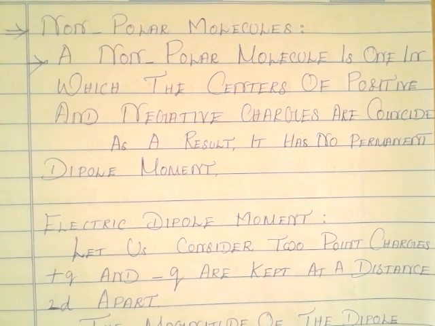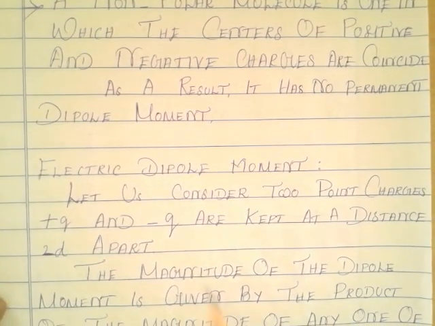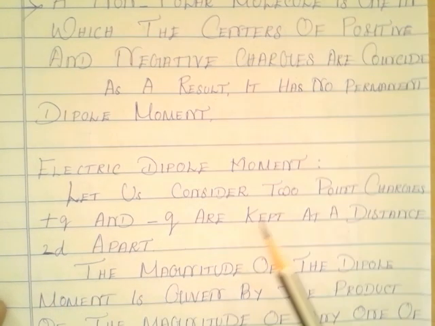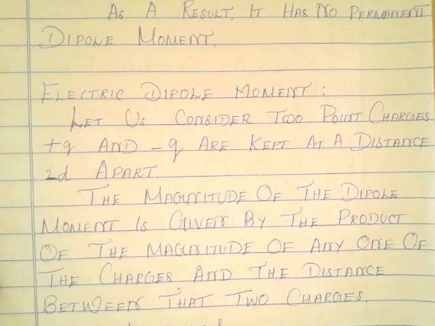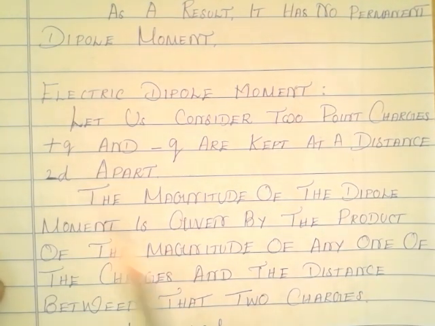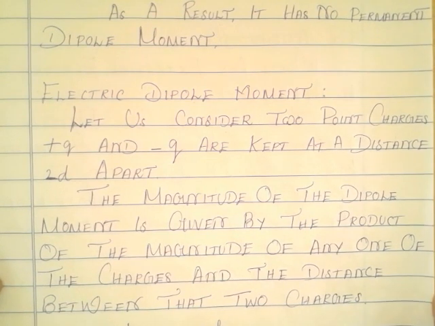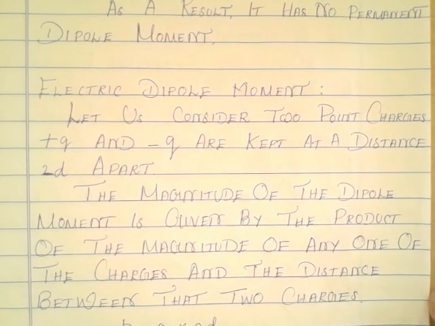electric dipole moment. Let us consider two point charges, plus q and minus q, kept at a distance 2d apart. Two equal and opposite charges separated by a small distance, that is 2d.